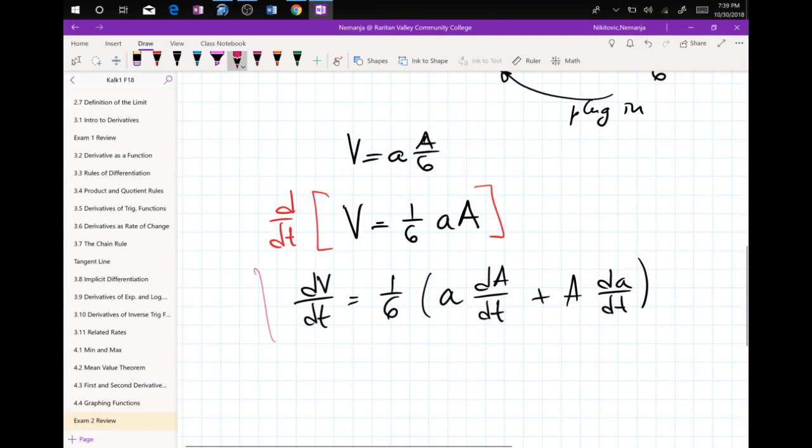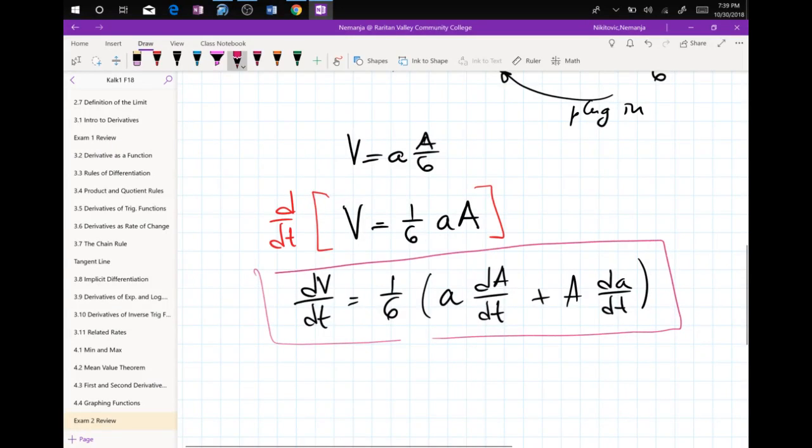And you see that a lot of stuff is related here. Change in volume, change in edge, change in area. You can reduce the amount of variables by taking the time derivative of this. Maybe.